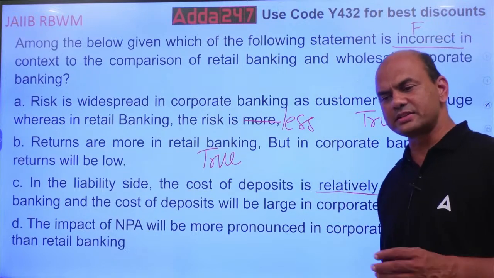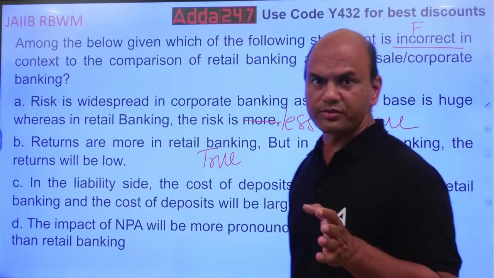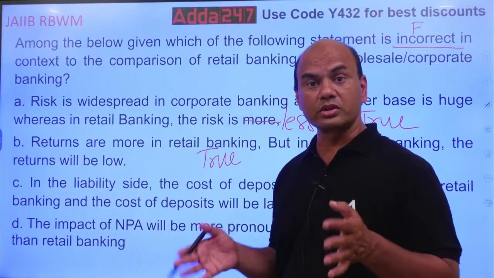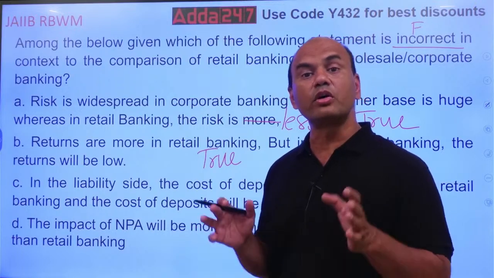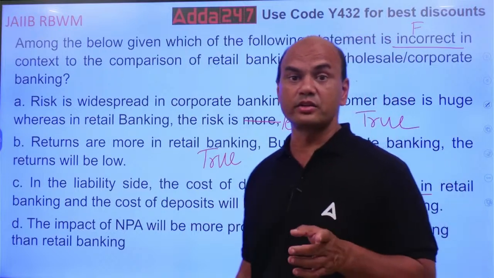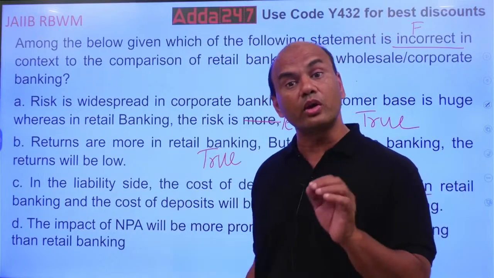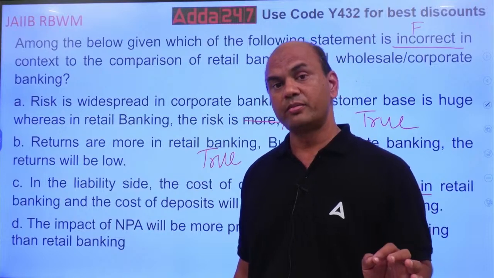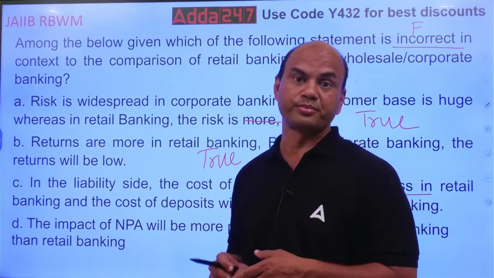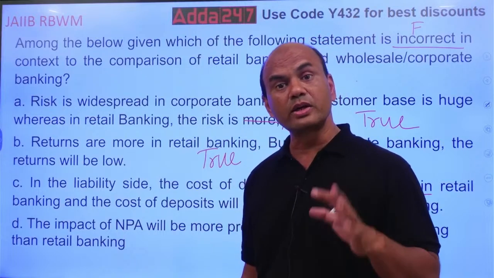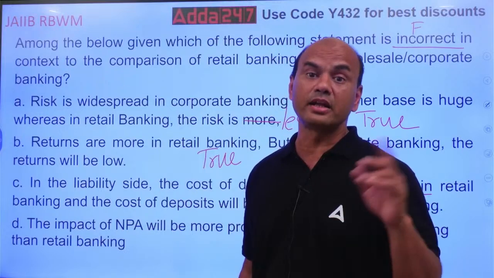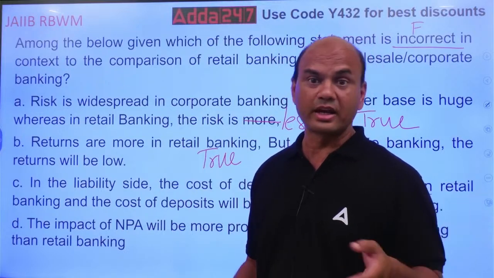Okay, let's discuss this. See here, the cost of funds, or the total cost of the branch, in retail banking is always higher. Pay attention to the explanation also. Only question answers are not important, because in the exam you can get a question on this explanation also. The branches are located in the main business areas in retail banking, so the rent will be higher.